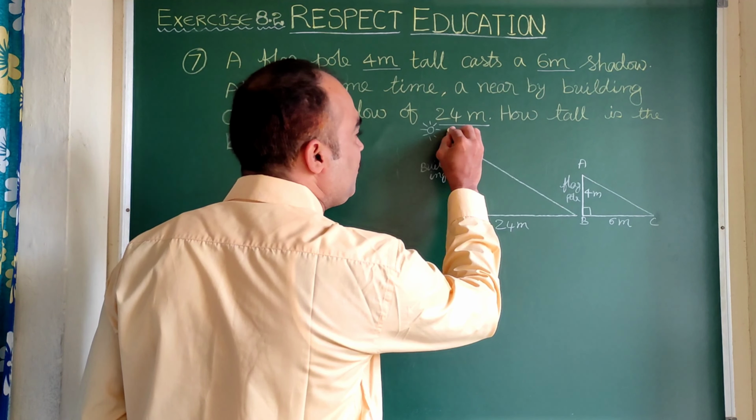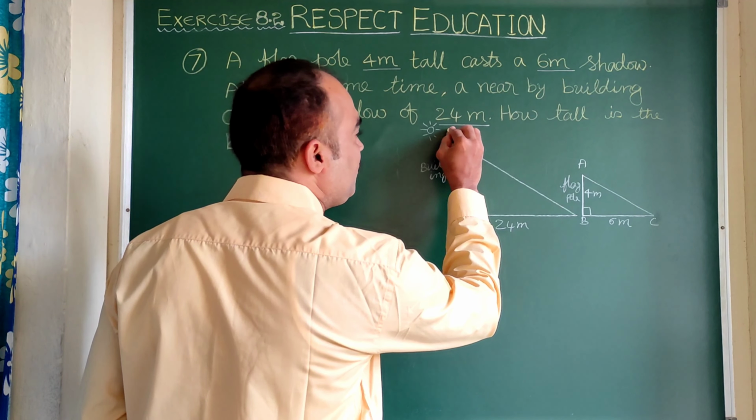So by AA similarity criterion, we can say that these two triangles are similar. Triangle ABC is similar to triangle DEF, right?